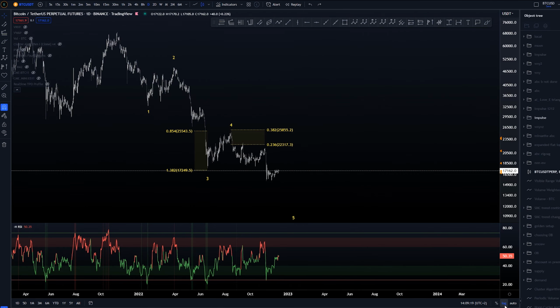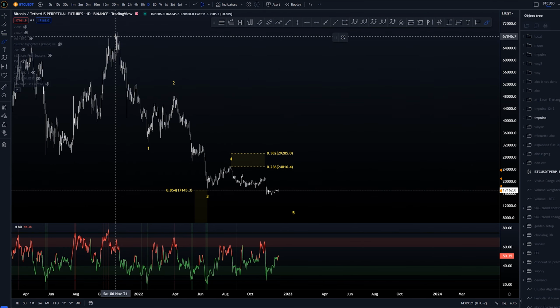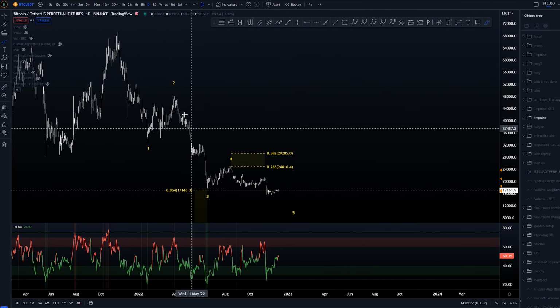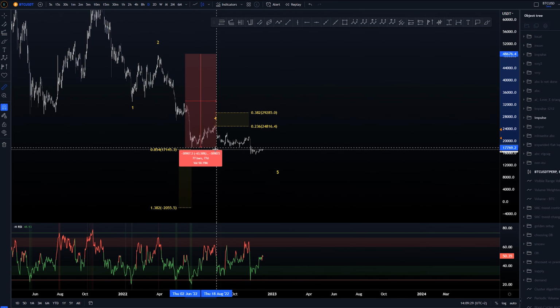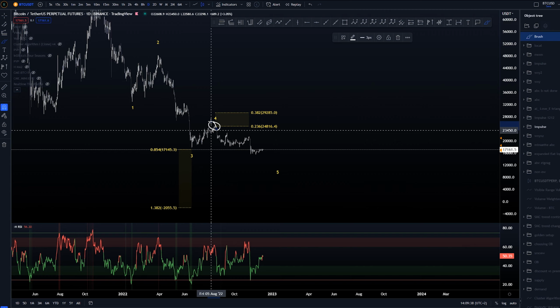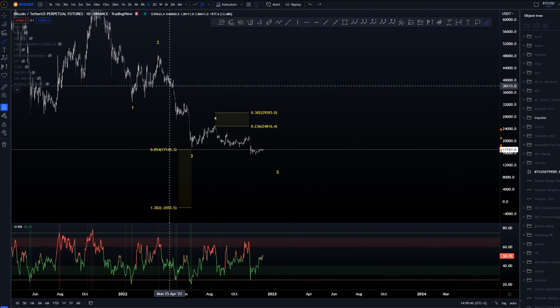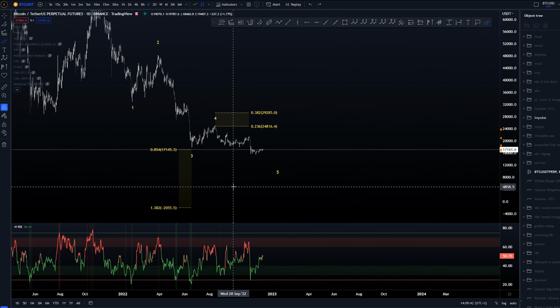On arithmetic scale, we can see that, of course, wave 3 is smaller than wave 1 here. So the fifth wave can't be larger than wave 3 here. But as we see, this drop was 30k, and we can't go even that much less than 30k from here. So we can't basically invalidate it by saying that the third wave is the smallest.